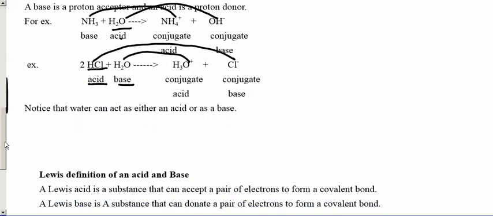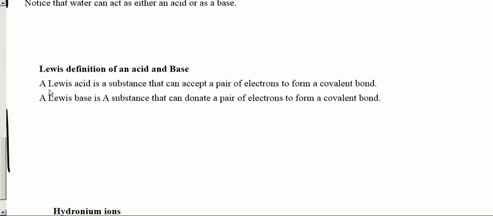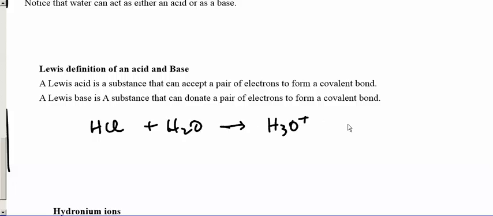Nothing's changed. Okay? So another definition, a Lewis acid is a substance that can accept a pair of electrons to form a covalent bond, and a base can donate a pair of electrons to form a covalent bond. And so an example of this would be, let's try HCl plus H2O, giving me H3O plus and a Cl minus.